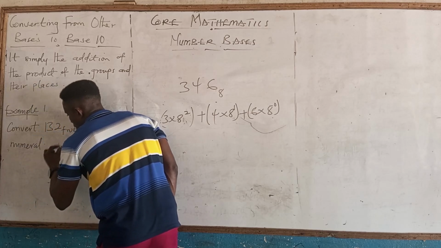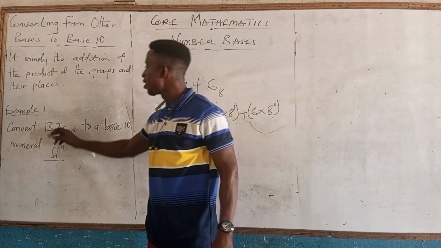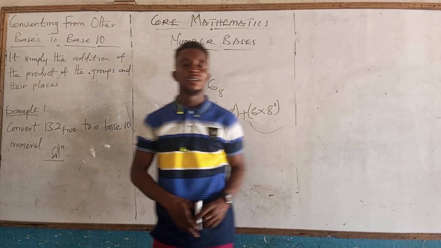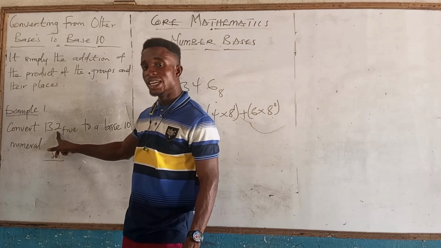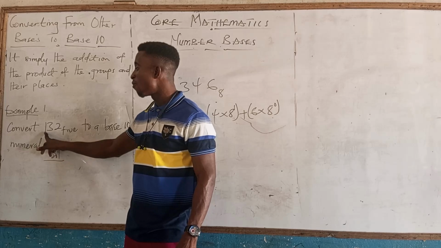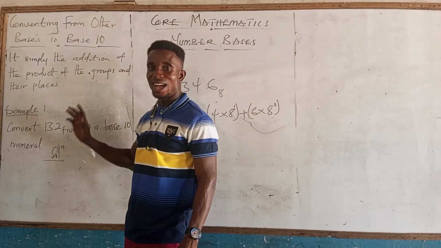So I put solution. Okay. We have to convert 1, 3, 2 base 5 to a base 10 numeral. Okay. So to do that, this one is telling me I'm having 2 units. I have 3 groups of 5. Then I have 1 group of 25. Please, are we getting that? Are we okay?